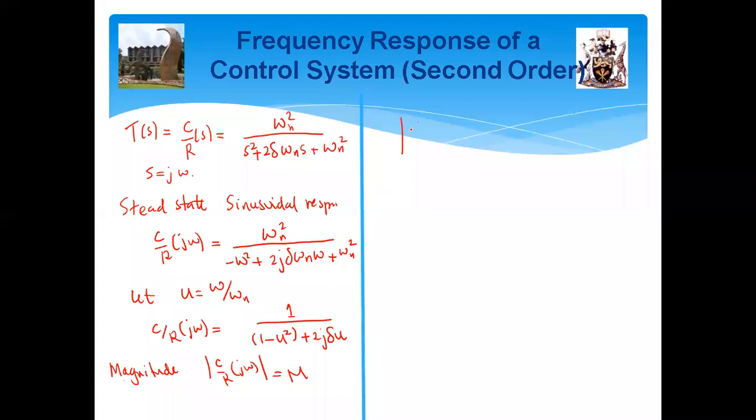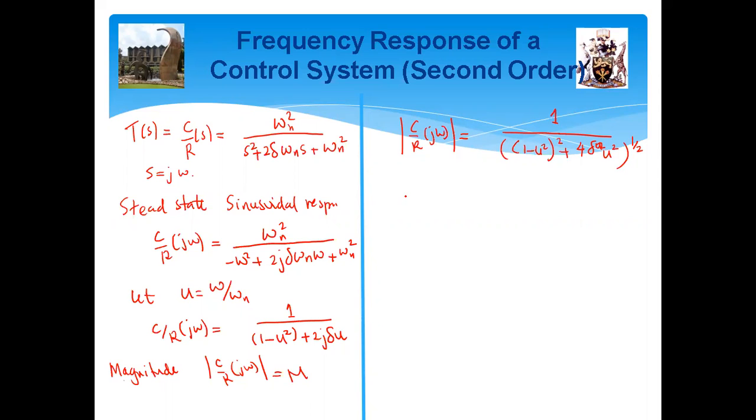Our magnitude will be given by the real part squared plus the imaginary part squared, and then the square root of that. So that is the magnitude of this second order system.